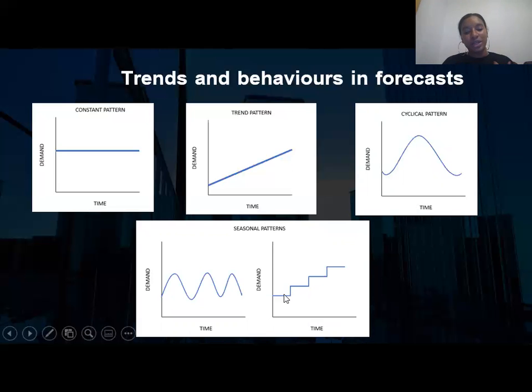Or you might want to look at capitalizing on the increases and saying, okay, just before that spike happens, I'm going to maximize my advertising and marketing and my customer awareness of my brand to make that spike even bigger, to maximize on it as much as possible.